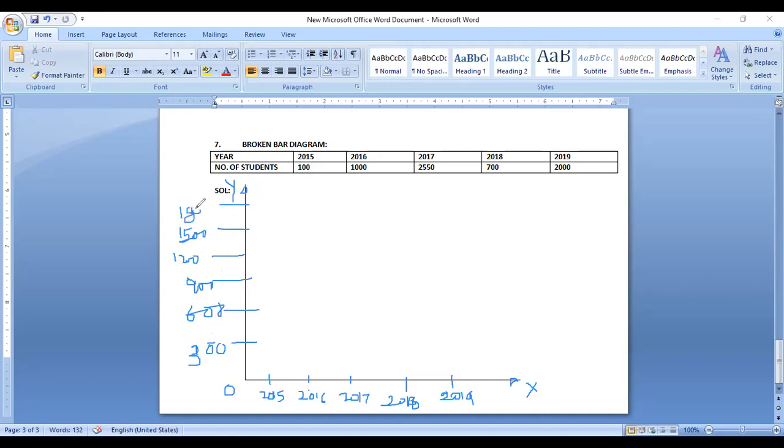I have taken like this. Okay. For the year 2015, you can see only 100 students are there. You take it as 100.